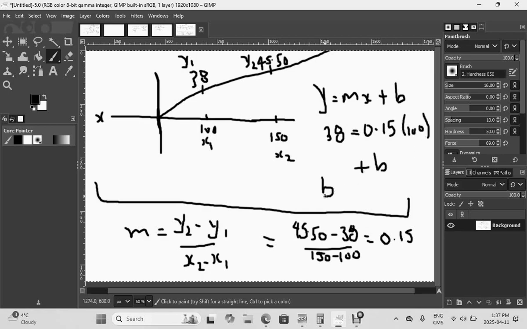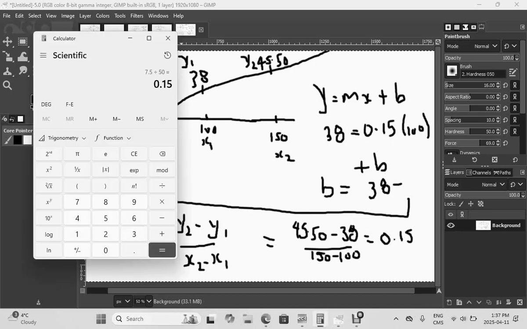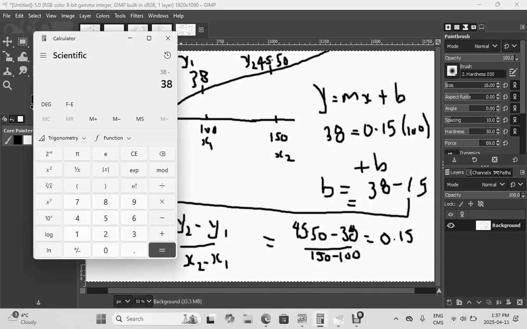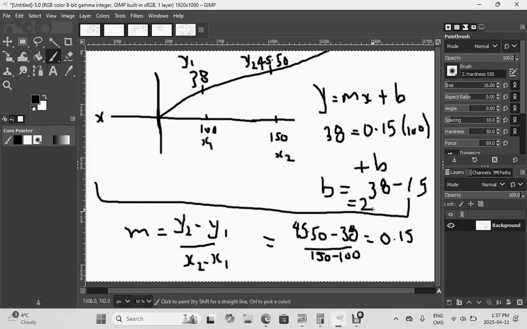So b equals 38 minus 0.15 times 100, which is 15. 38 minus 15 is 23. So 23 will be your y-intercept and your monthly plan fee, or base fee, irrespective of how many minutes you use.